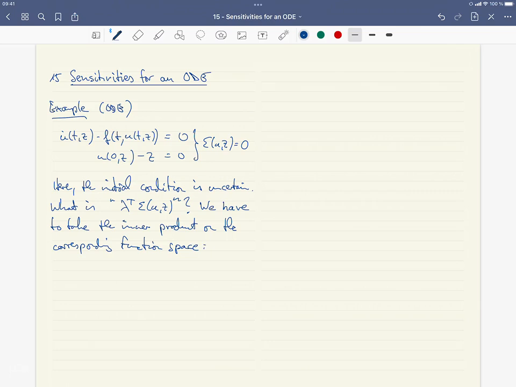So lambda transpose times E of u and z is actually the integral from 0 to t, lambda of t. So the Lagrange multiplier now is a function itself, and the constraint is almost this one here.